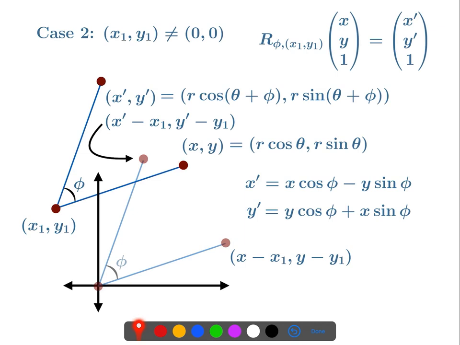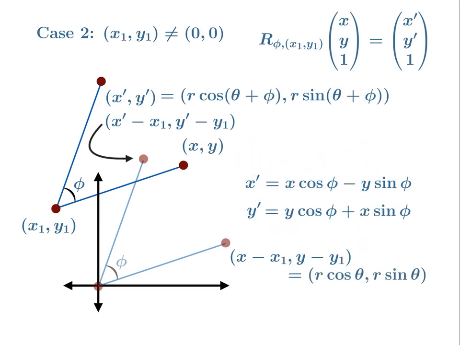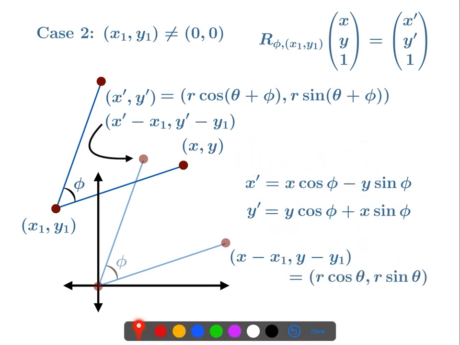And now to make use of what we did before, I'm going to go ahead and look at the r and theta for this. So really, this expression I want to put down here. So let's do that. This is now going to be r cosine of theta, r sine theta, this being the angle theta, and r being the distance from here to here.